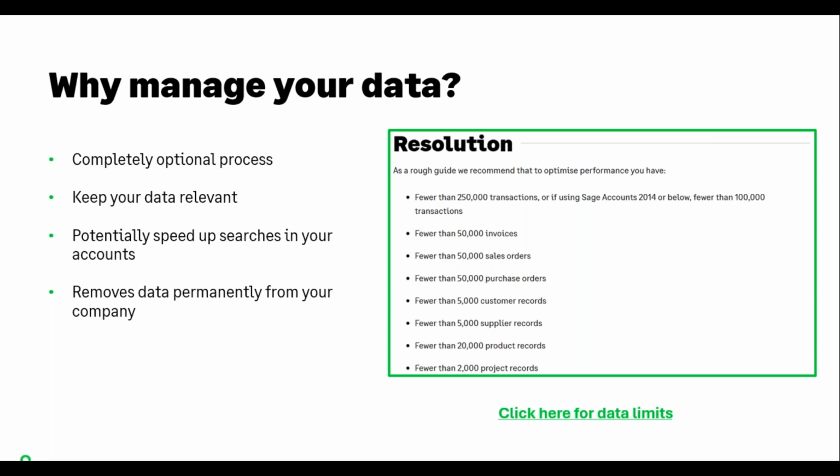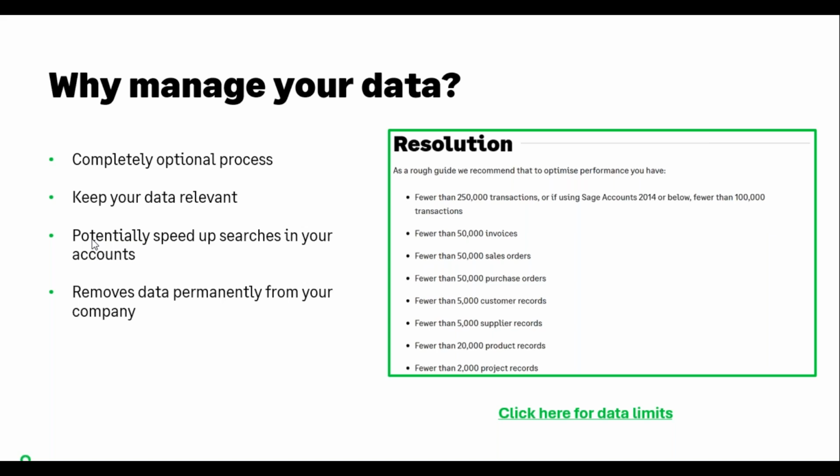I'm not going to read them out to you. Pretty sure you can download the handout and you'll have them there as a record, or you can click on that 'click here for data limits' and it'll take you to the Help Center article. If you keep that as reference and share it with your colleagues, you'll be able to see whereabouts you are. And if you're approaching or have exceeded any of those numbers and you are experiencing less than satisfactory speeds, it's probably going to be why.